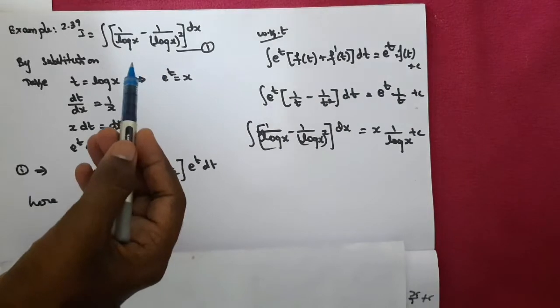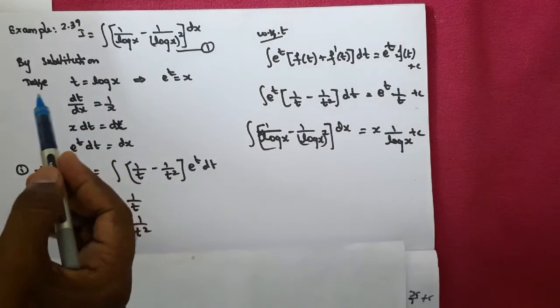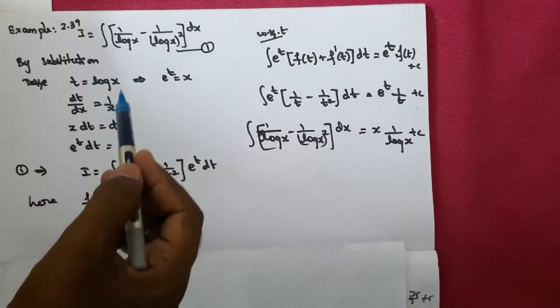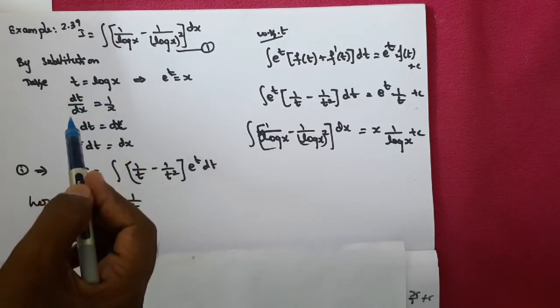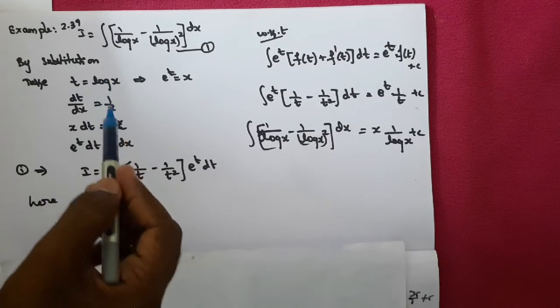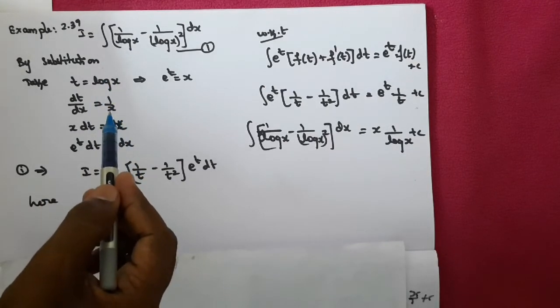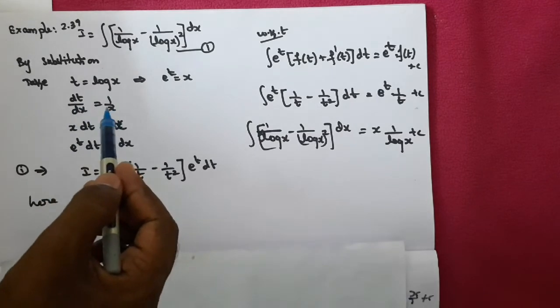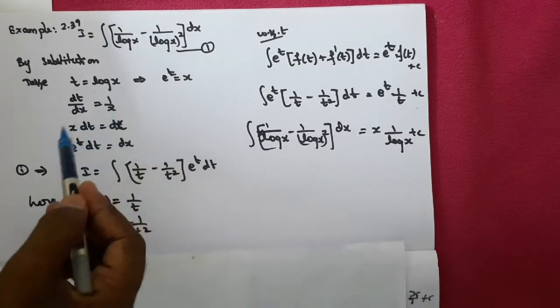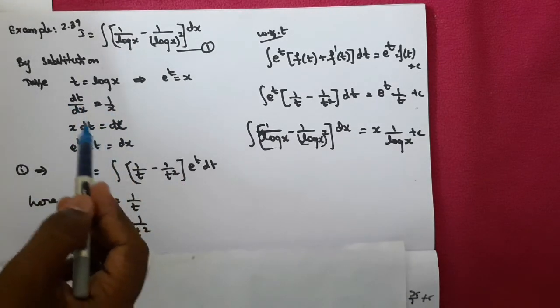This time we are going to do it by the substitution method. So take t equal to log x. When you differentiate it, dt by dx is 1 by x. Take this x to this side and dx to the other side. So x into dt equal to dx.